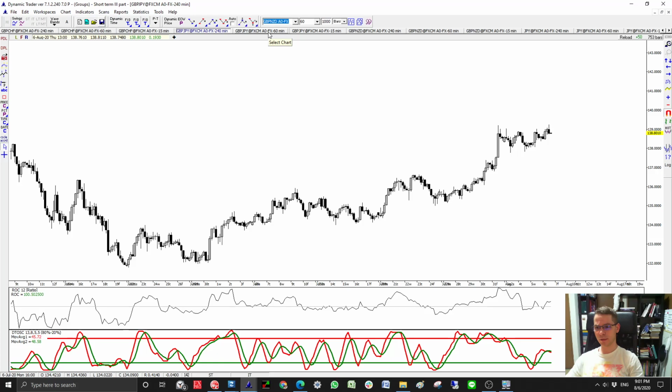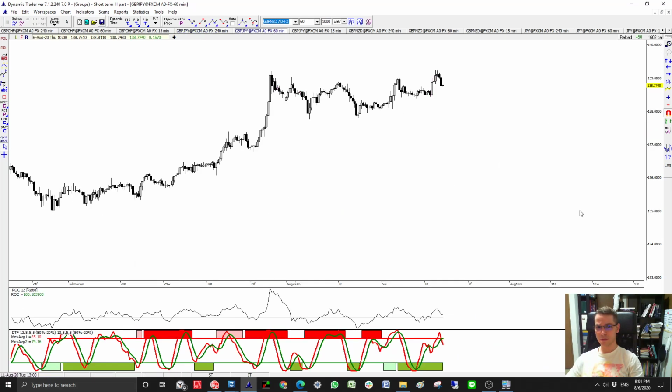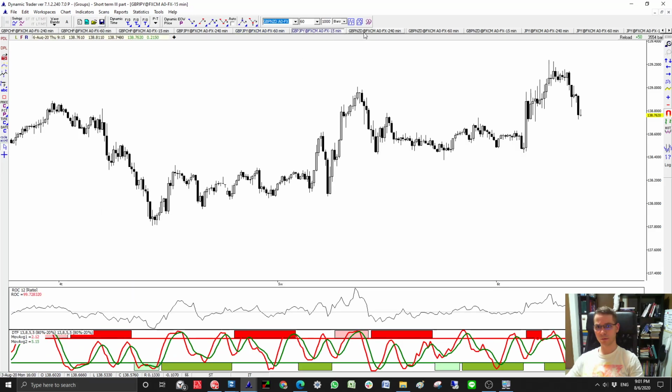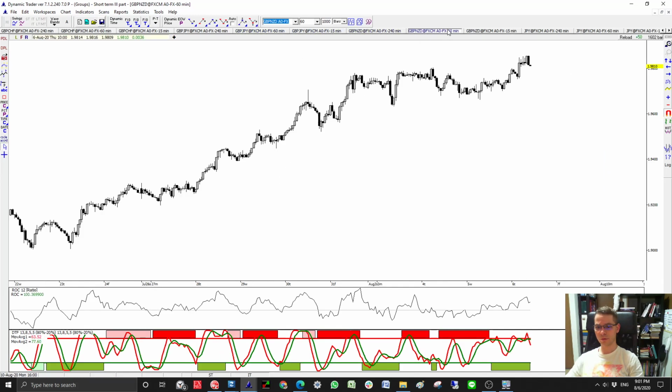Pound Japanese yen looks like it just turned to the downside, sell, but it made a new high here, so I don't want to touch this one. Forget about it. Pound New Zealand made a new high, now it's reversing.